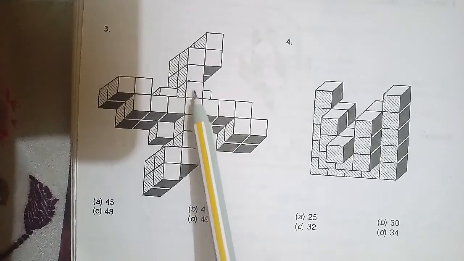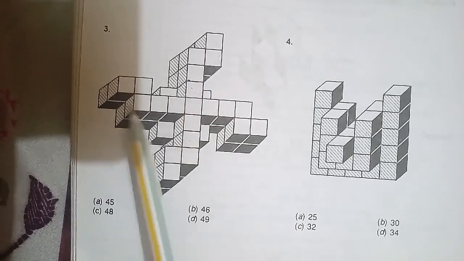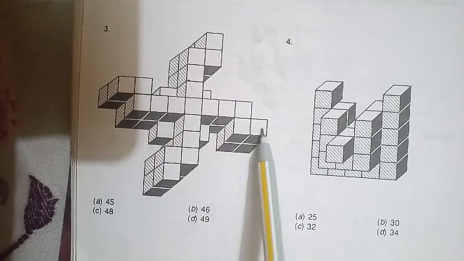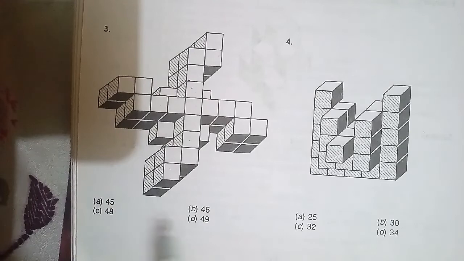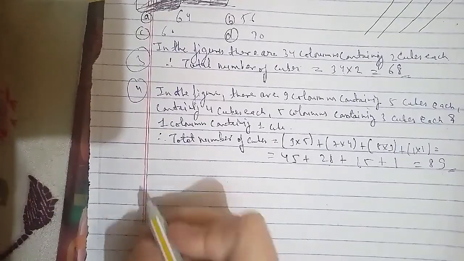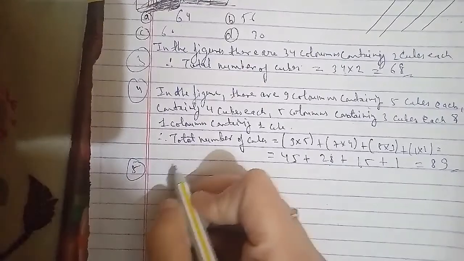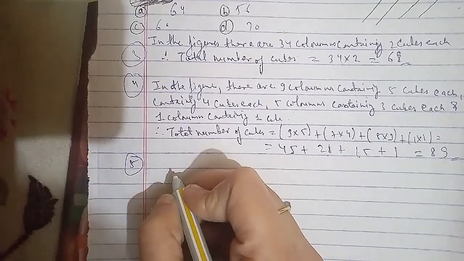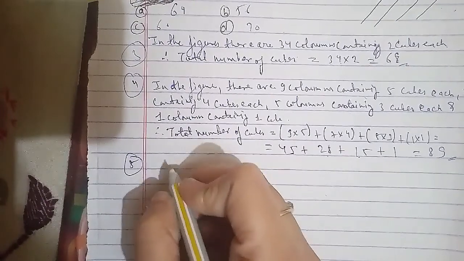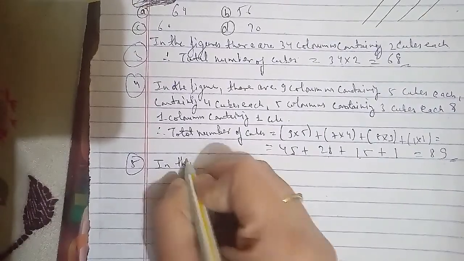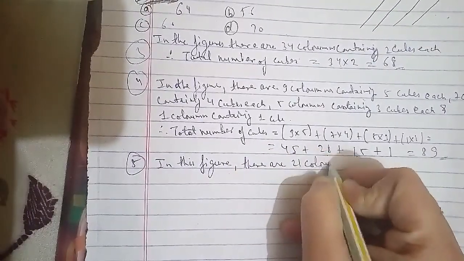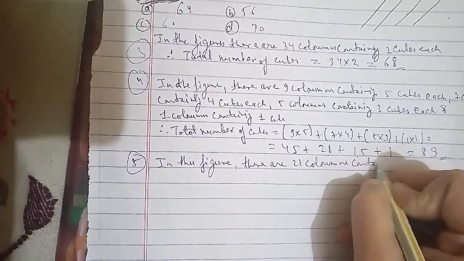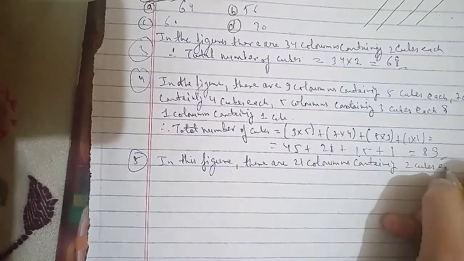So we have to find out the total number of cubes. The total number of cubes equals 21 into 2 plus 4 into 1, that is 42 plus 4, which equals 46. So that will be the right answer for this question as well.